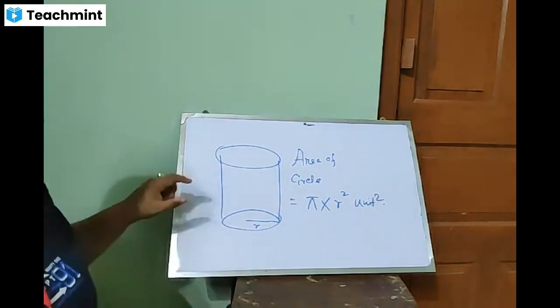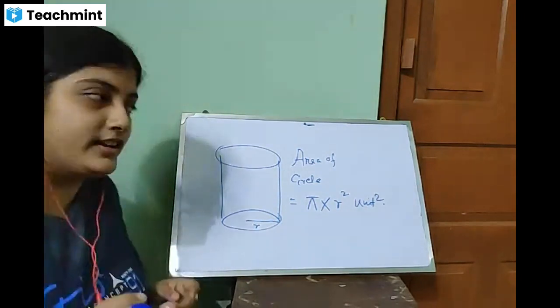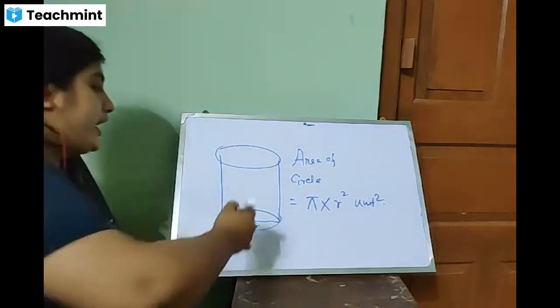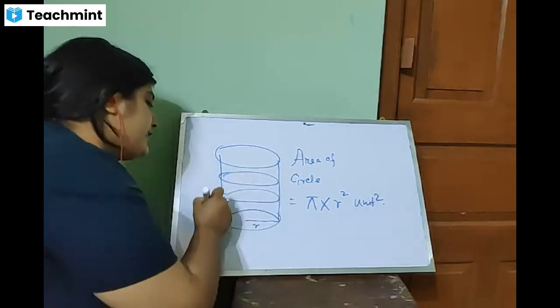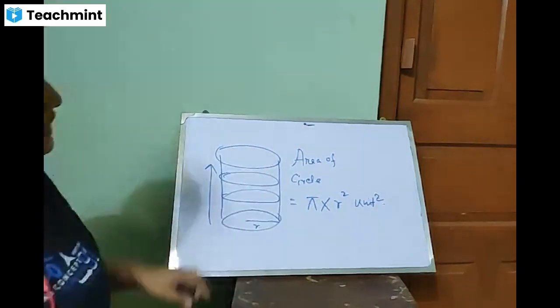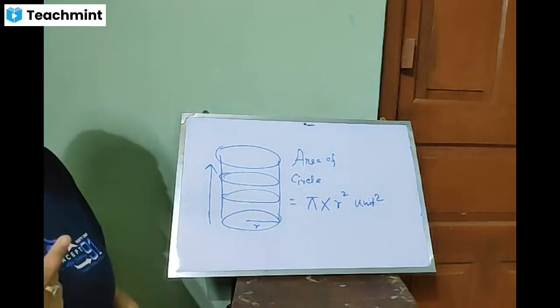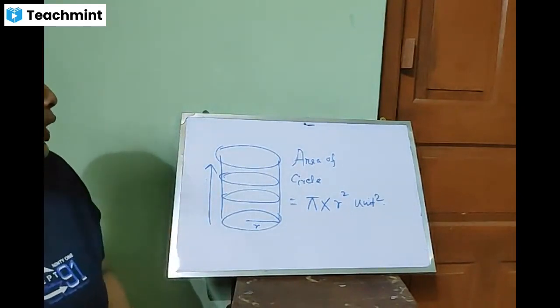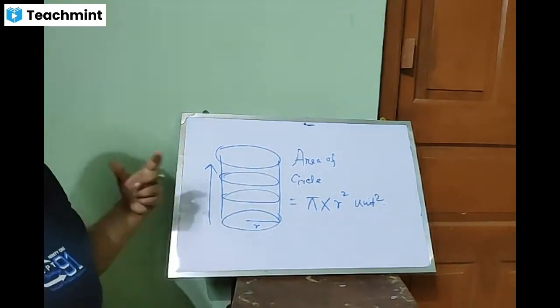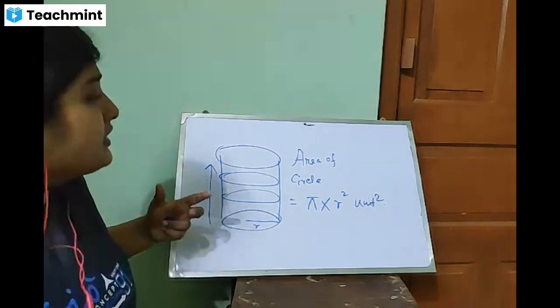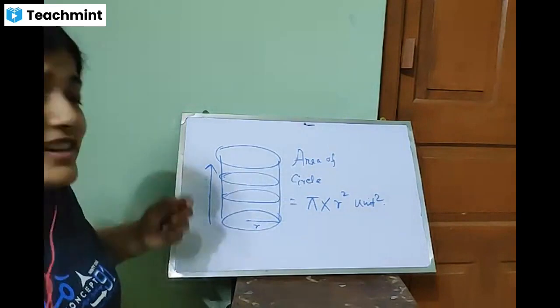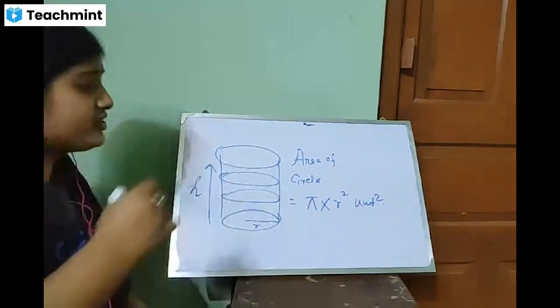So if we place them one by one in this vertical way, we get this right circular cylinder. Let us assume that this is h times of this circle. H times, so this is h.